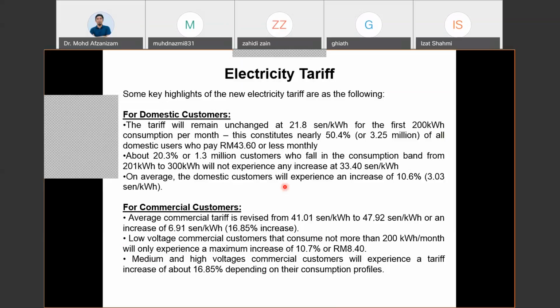Okay, so that's just to show you the difference between the tariff for house and building, on commercial customer. So you can see the tariff for the house, for the domestic, is slightly lower compared to the others.